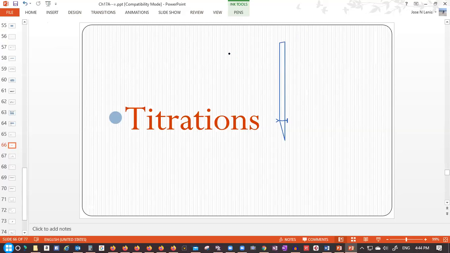Yes, this is called the burette. Very precise instrument. You were using this last time in Chem 11. You saw the demonstration, Chem 11, titration. And you were actually doing calibration also of the burette. You see how precise this is?